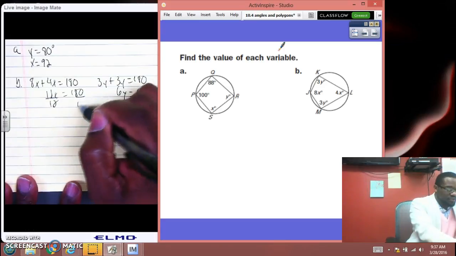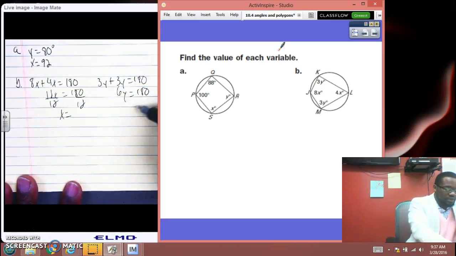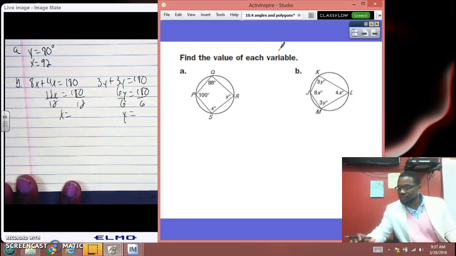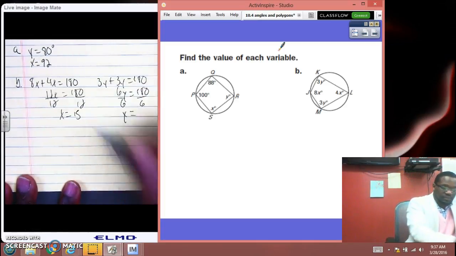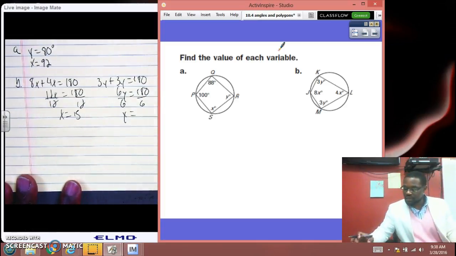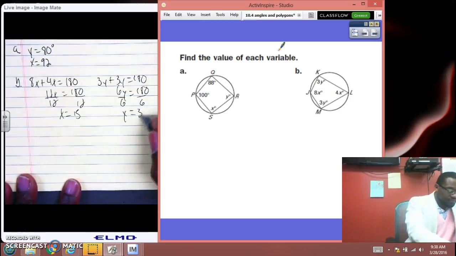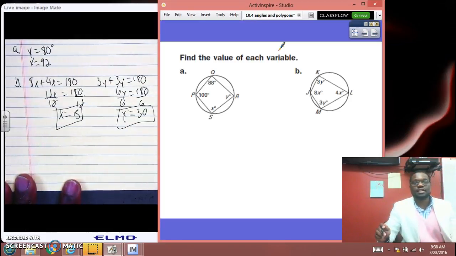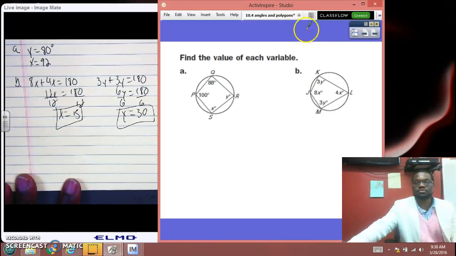Divide by 12. Divide by 6. So 180 divided by 12 is 15, and 180 divided by 6 is 30. Since I'm solving for x or y, they don't get degrees. That's just x equals and y equals.